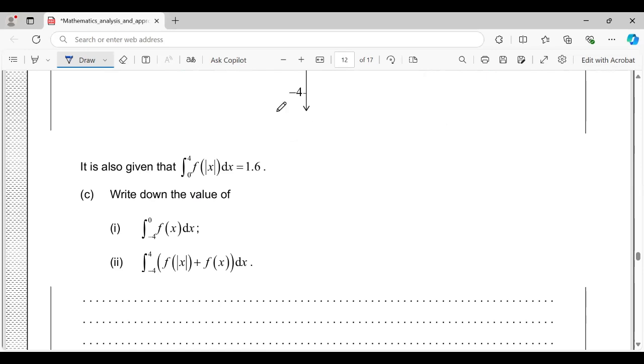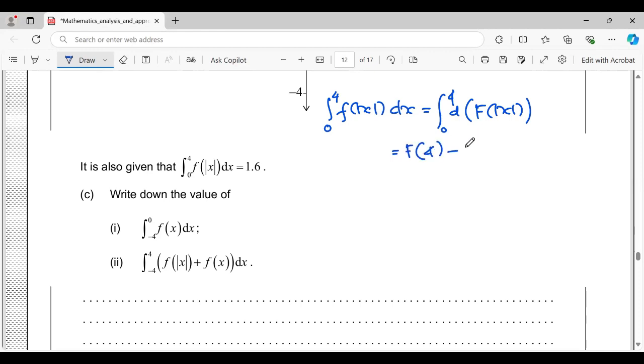It means the integral from 0 to 4 of f(x) dx, if the integral of this expression is F, becomes F(4) minus F(0).